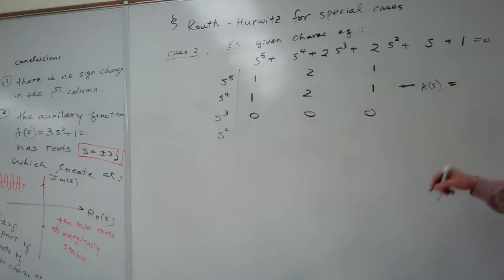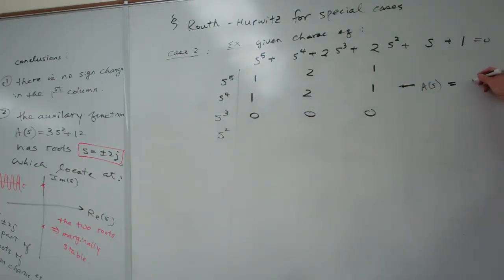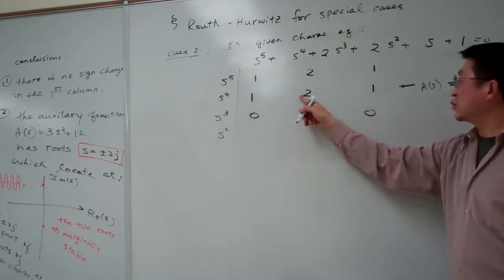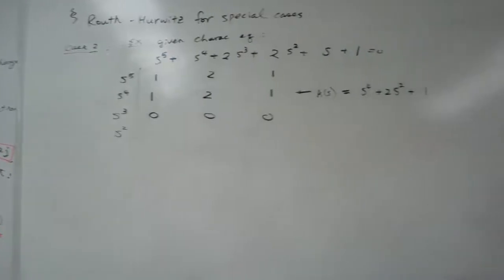For this case, the entire row is zero, so the row above gives the information to write the auxiliary function. The corresponding power is s^4, then we skip, so 2 s squared, and then jump from second degree to zero, which is a constant. That is our auxiliary function.